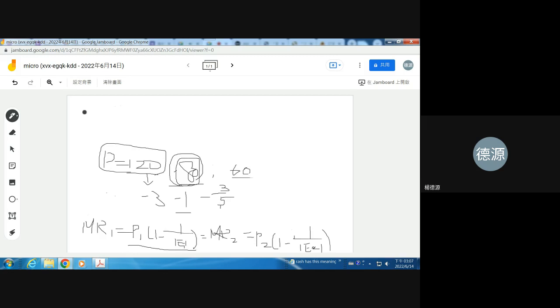It says MR is equal to P times 1 plus 1 over EP, and then is equal to P times 1 minus 1 over the absolute value of EP.